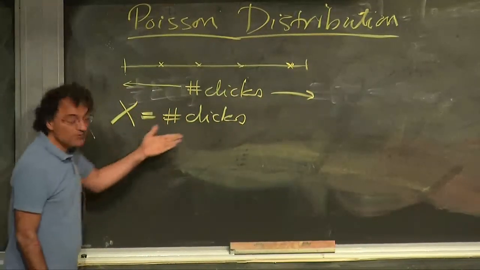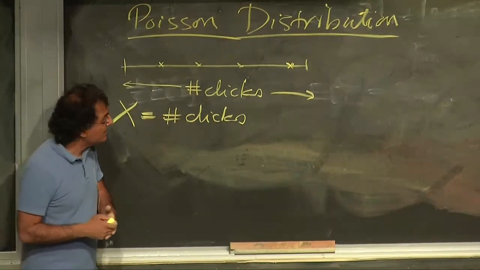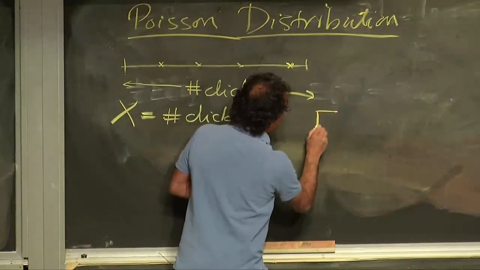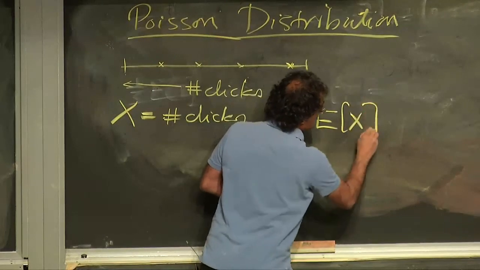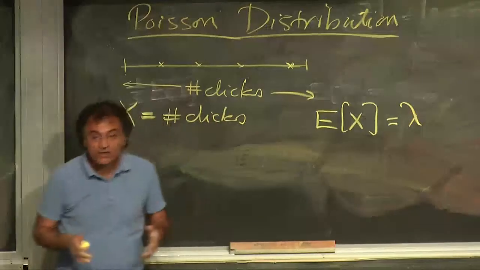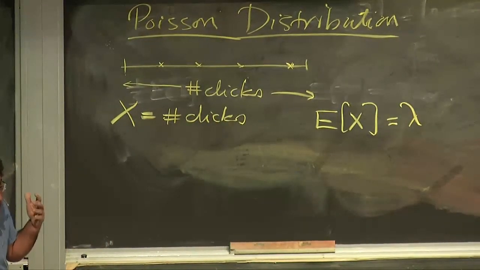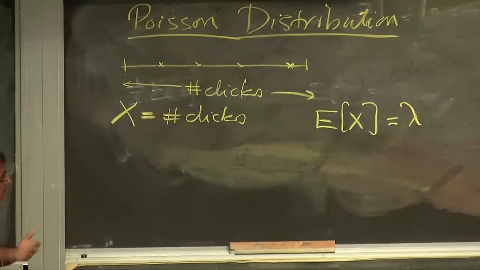And this number of clicks can be 0 or 1 or 2 or 3 or 4. And what we know is that the expected value of X is some number, lambda. Lambda could be 1 or 2.5 or e or just some number.